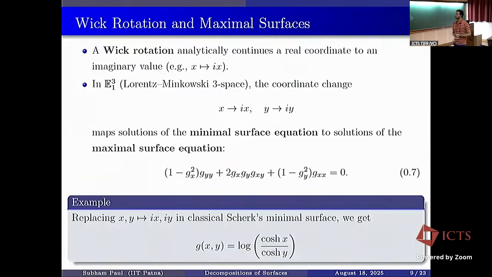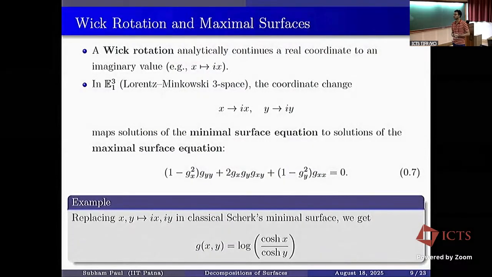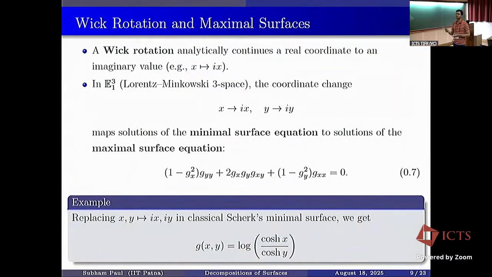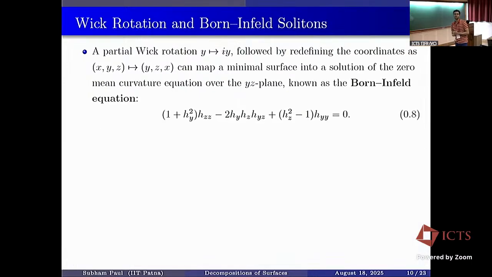For example, from the classical Scherk's minimal surface, if we do this Wick rotation, we get a maximal surface presented by G of xy. Now, similarly, what is the relation between Wick rotation and Born-Infeld solitons?